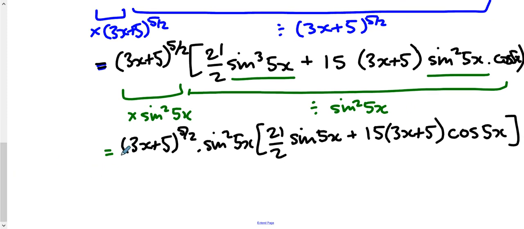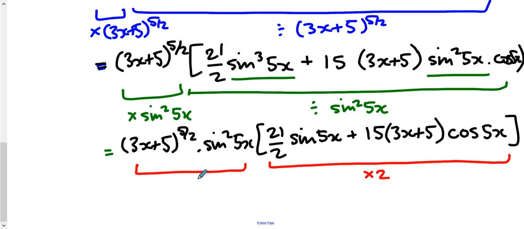Now we're nearly there. What we're going to do now is take out some numbers. The first thing I'm going to do is eliminate that fraction. I've got 21 over 2 there. I can take the over 2 outside, and that'll make the rest of my factors clearer. I'm going to multiply that whole expression by 2 as long as I divide that by 2 to compensate.